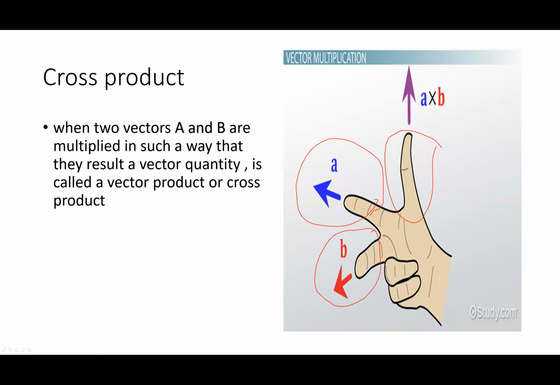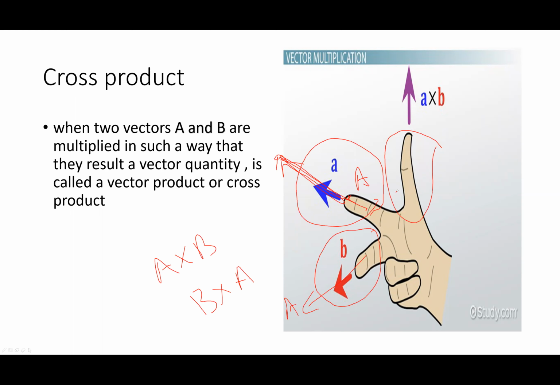This finger will always be kept in the direction of the first vector. For example, if you write A cross B, this will show the direction of vector A. If you want to find the direction of B cross A, this will be kept in the direction of vector B and this in the direction of vector A. And the thumb will show the direction of the resultant vector.